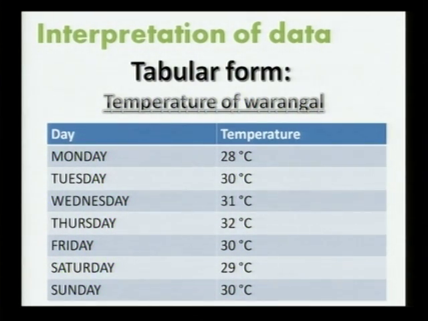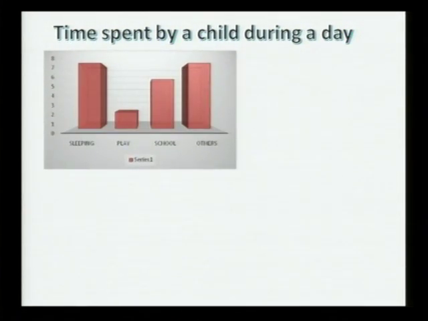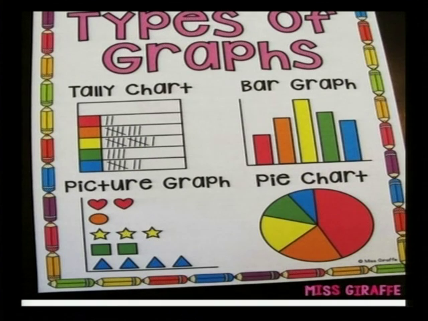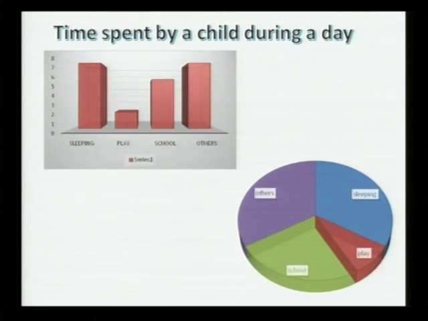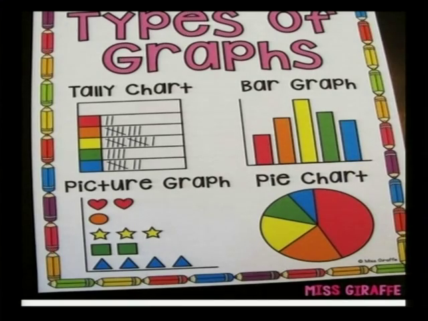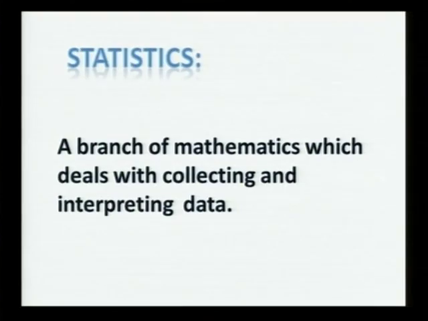In class, we already learned the time spent by a child during a day. This is called a bar graph and this is called a pie chart. By both of these we can understand easily without knowing the actual values. Types of graphs: tally chart, bar graph, picture graph and pie chart.